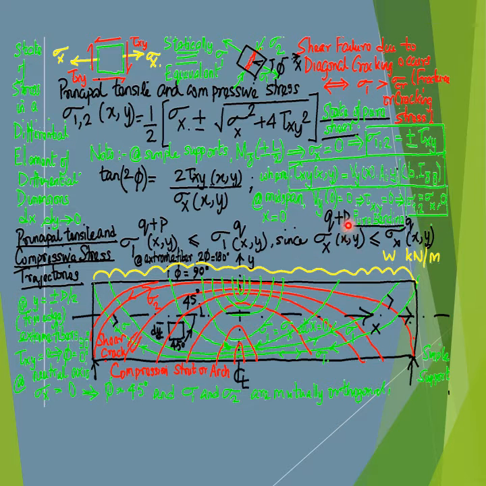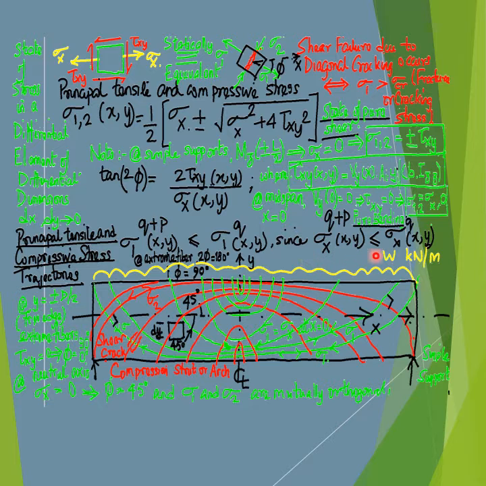denoted as sigma subscript x, superscript q plus p, is always less than the normal or direct bending stress sigma x due to the effect of the UDL-Q only, denoted as sigma subscript x superscript q.